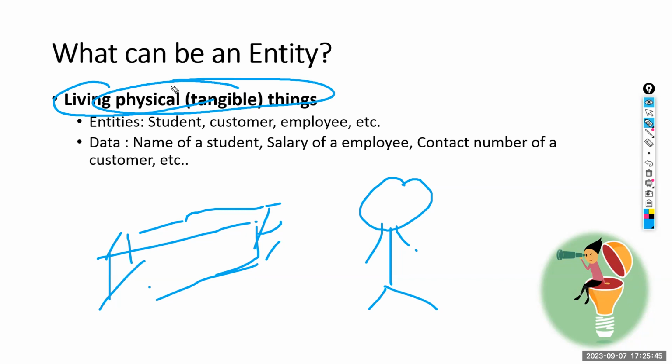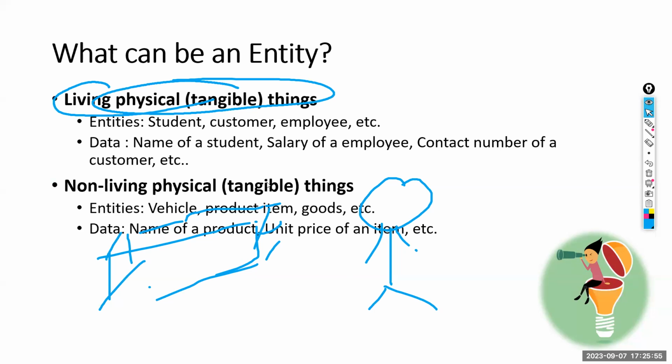They are all entities, and they are living physical things. And of course, they have data. There are also some entities which are physical but non-living, like this packet of signal or maybe a vehicle. So a vehicle is an entity. A vehicle has a registration number, brand, price, mileage.